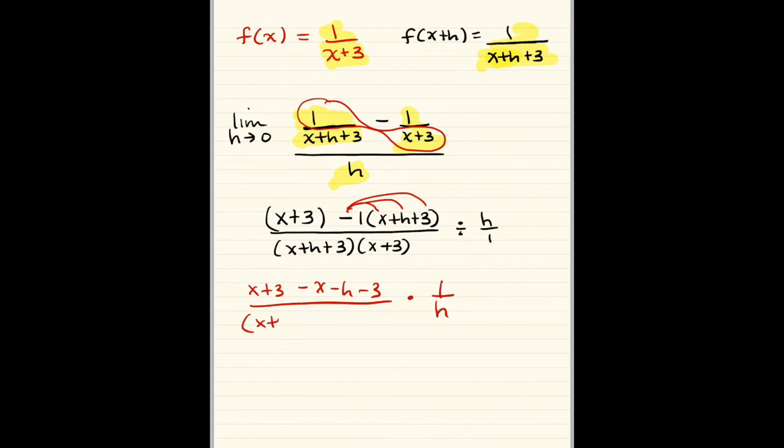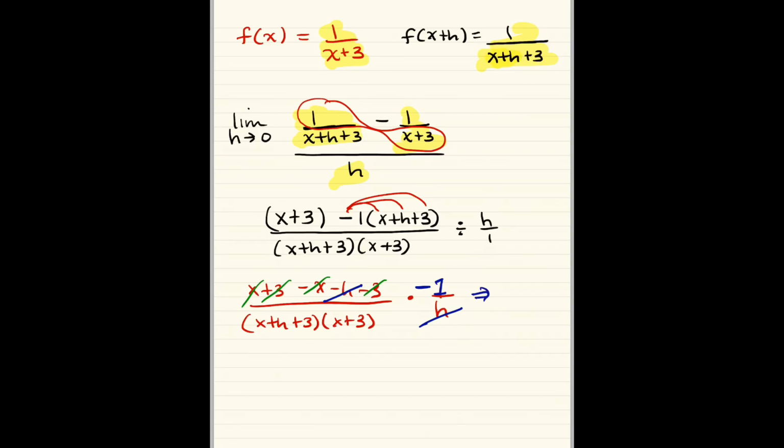And then we're never going to multiply that bottom out. So from here, guys, I'm going to do x minus 3 minus 3. On top, I have a negative h. And then across from it, let me get blue, minus a negative h and a positive h cancels out, leaves you with a negative 1. I'm just going to put the negative there.